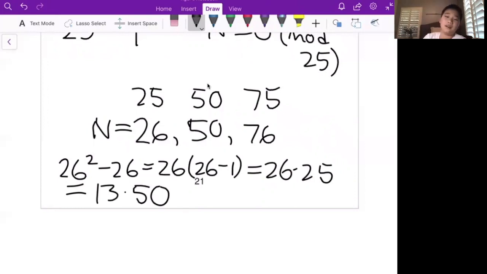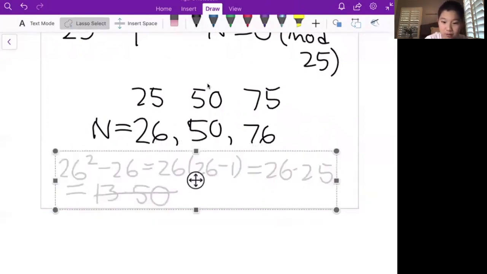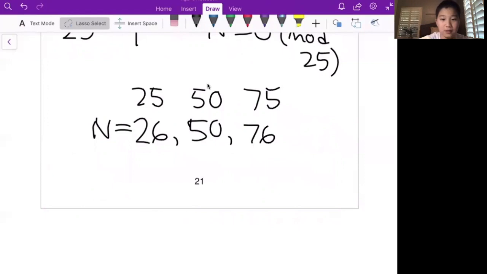I just moved the 2 from the 26 into the 25, making it 50. This doesn't work. Nope. Okay. So let's try 50. Well, 50 squared is 2,500, and 2,500 definitely does not end in 50.